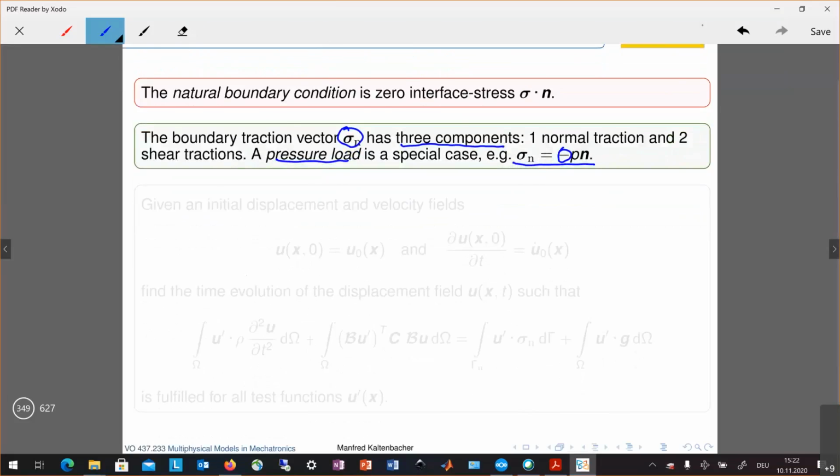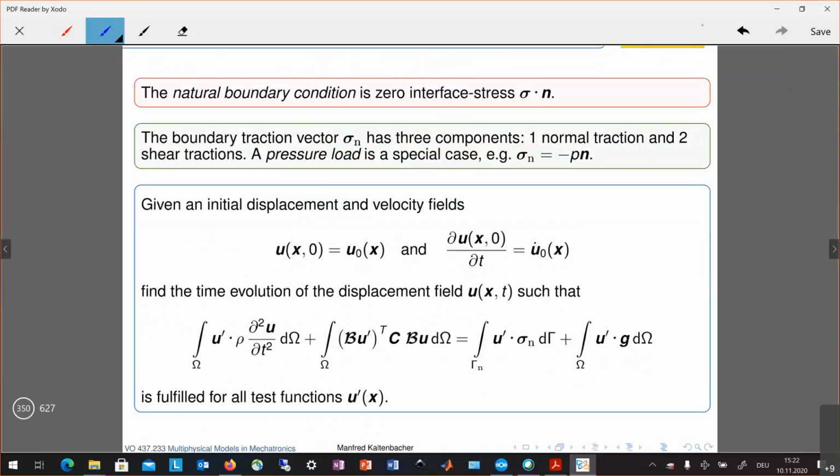Okay, that means now that we have the following weak formulation.